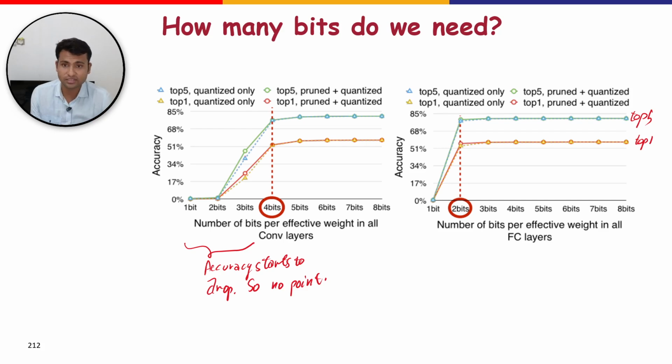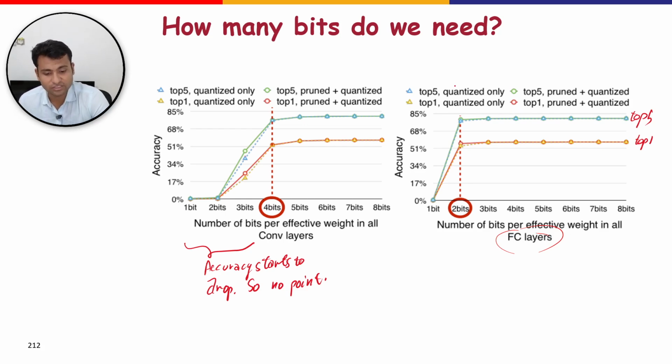You don't fabricate it in real life, but you can still do the calculations. These are the number of bits per effective weight in all convolution layers, and this is fully connected layers. In fully connected layers we can go further to 2 bits, but in convolution we can go up to 4 bits only. If you try to reduce it beyond that, things are just going to break.